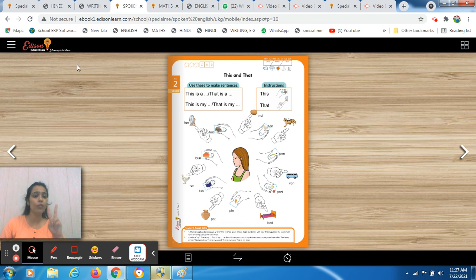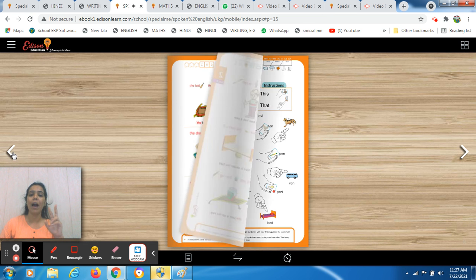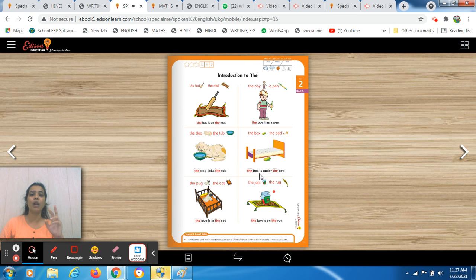First 2 days you have to practice your page number 1515. This page number you have to practice. And students, it's not that you only have to do this worksheet. आप अपने आप से भी you have to do some things, right? Like, parents, it's a request that you can give them any 2 words.